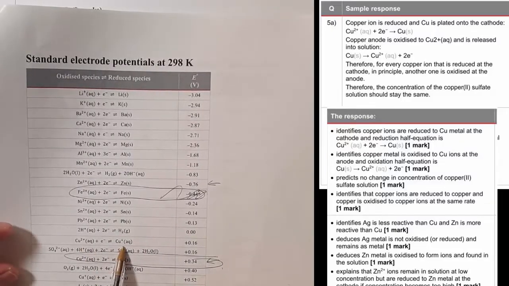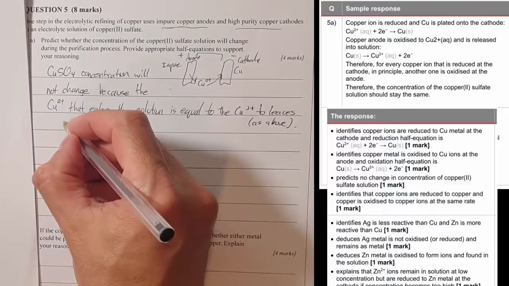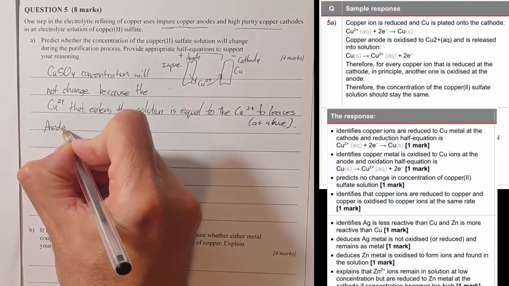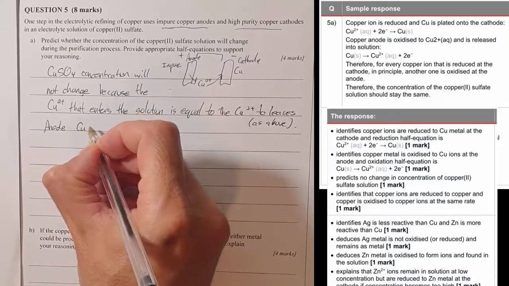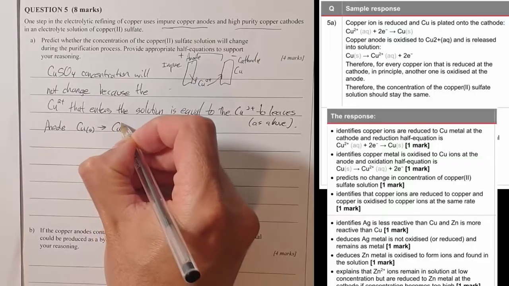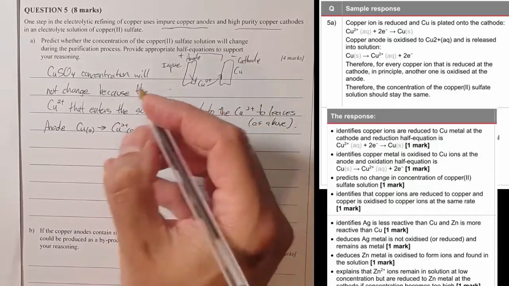So they want half equations. So this is the one we want here. At the anode, we have Cu solid goes to Cu2+ aqueous plus 2 electrons.